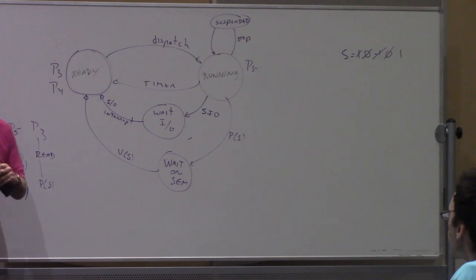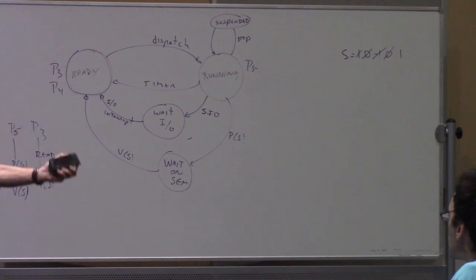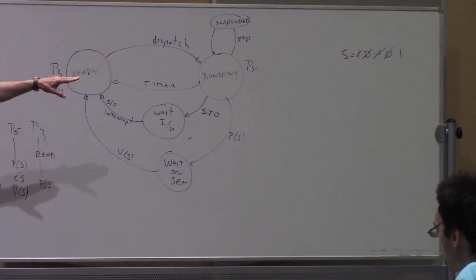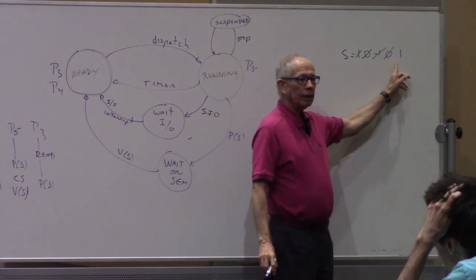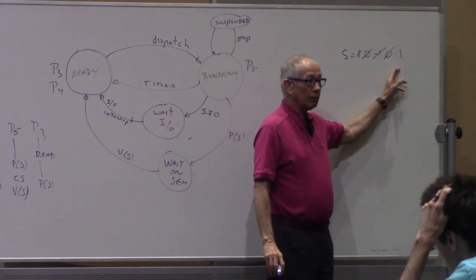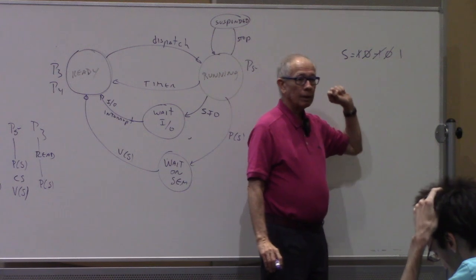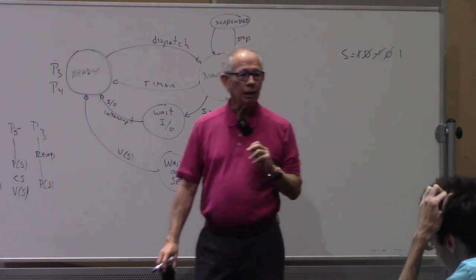So this is probably the way to study this. Take 2 or 3 processes, and then take the diagram and say, well, this process executes B, this one executes B, etc. Okay? And at that moment, the critical section is free, available for any process. Are you following me so far?